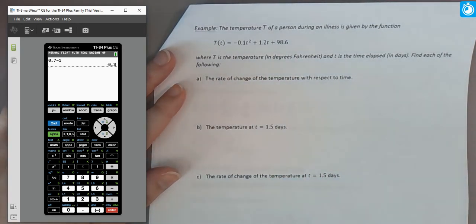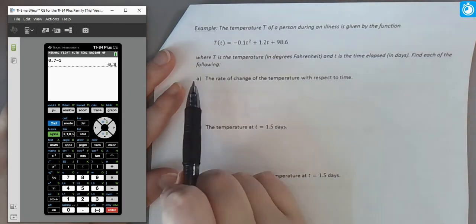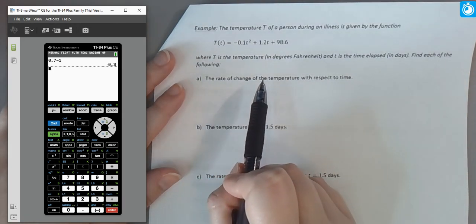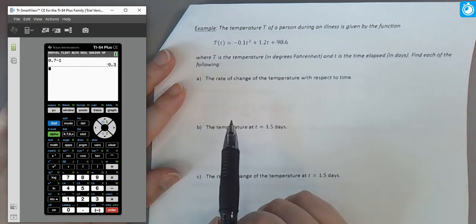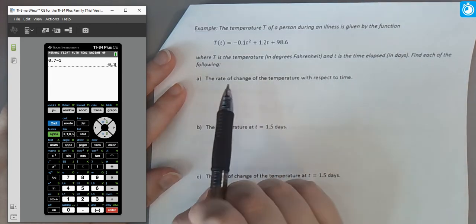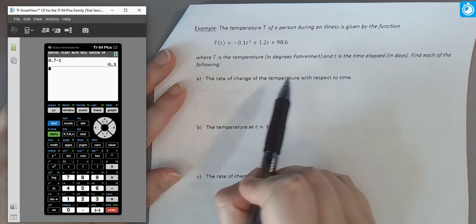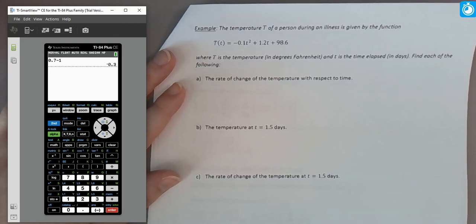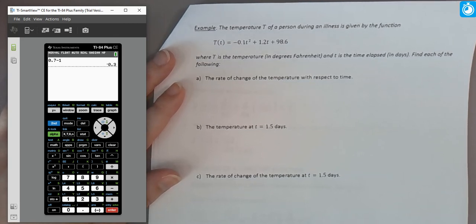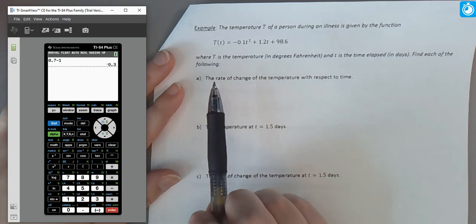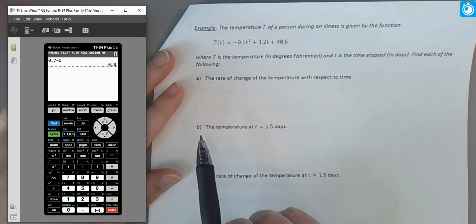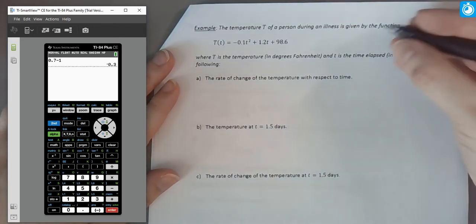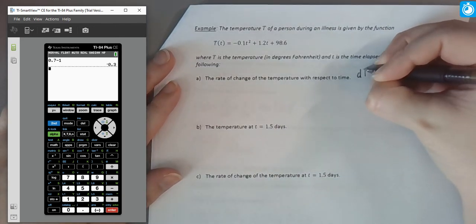So we want to find each of the following. The first thing we want to find is the rate of change of the temperature with respect to time. Now notice here that we don't have anything involving an actual number. We're just looking for the general rate of change of temperature with respect to time. And it's implied here that we're looking for the instantaneous rate of change with respect to time. So that, by definition, is the derivative.